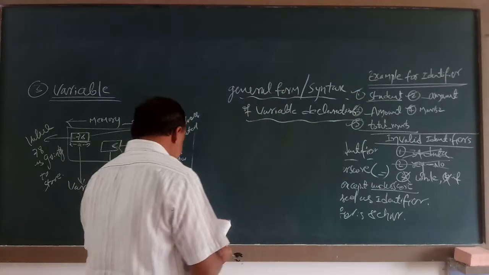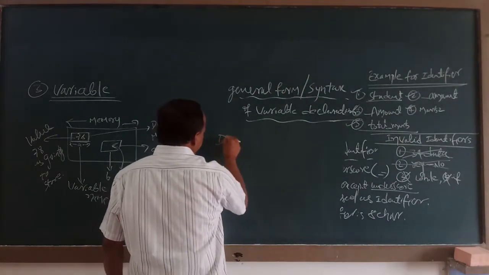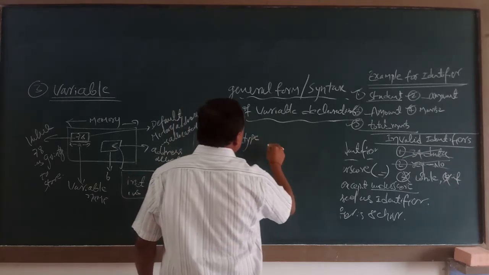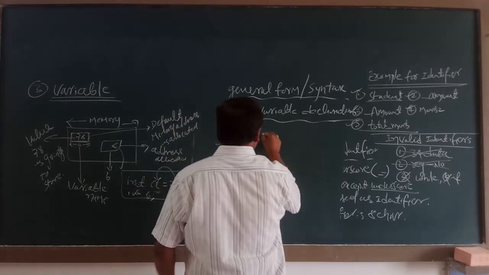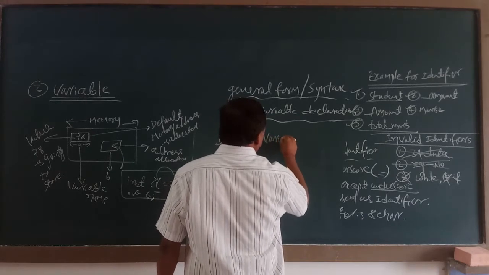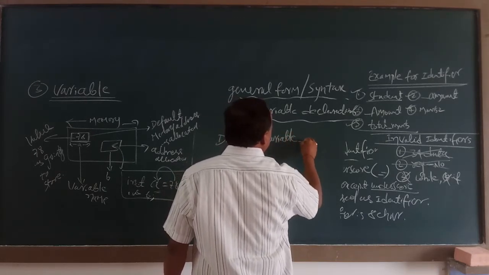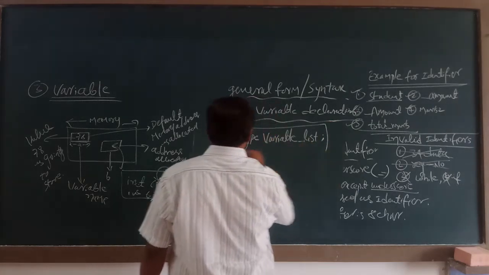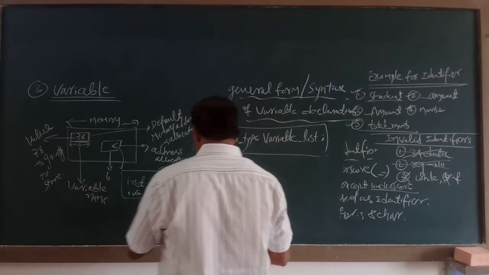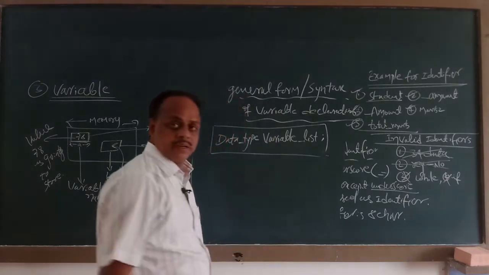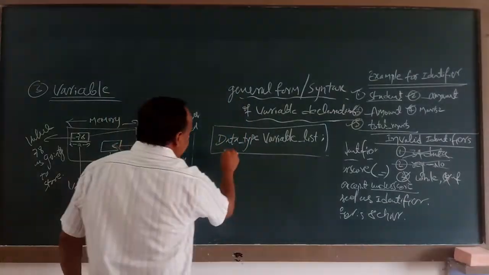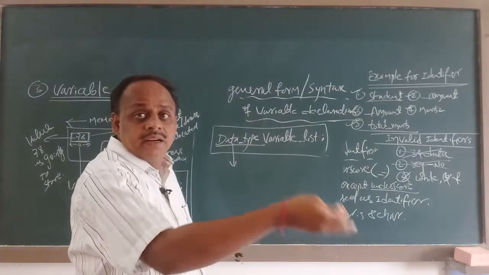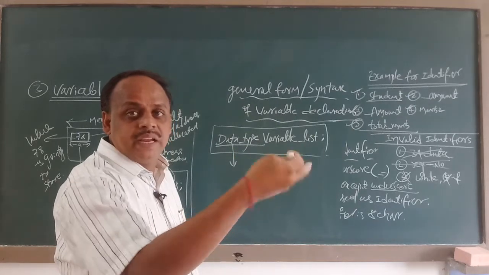See here, first one, the general form is data type, space, variable list. This is the general form of a variable declaration, right? So here data type tells the type of value that variable is going to hold.